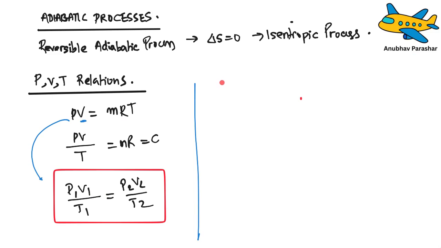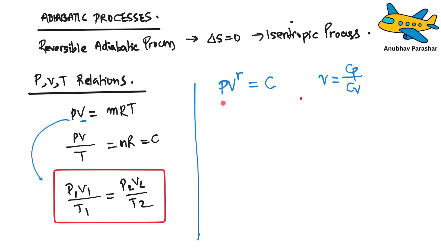Now, all the adiabatic processes are represented by PV to the power gamma is equal to constant, where gamma we have already seen is the ratio of specific heat capacities, Cp by Cv. All the adiabatic processes can be represented this way. These are all experimental things.